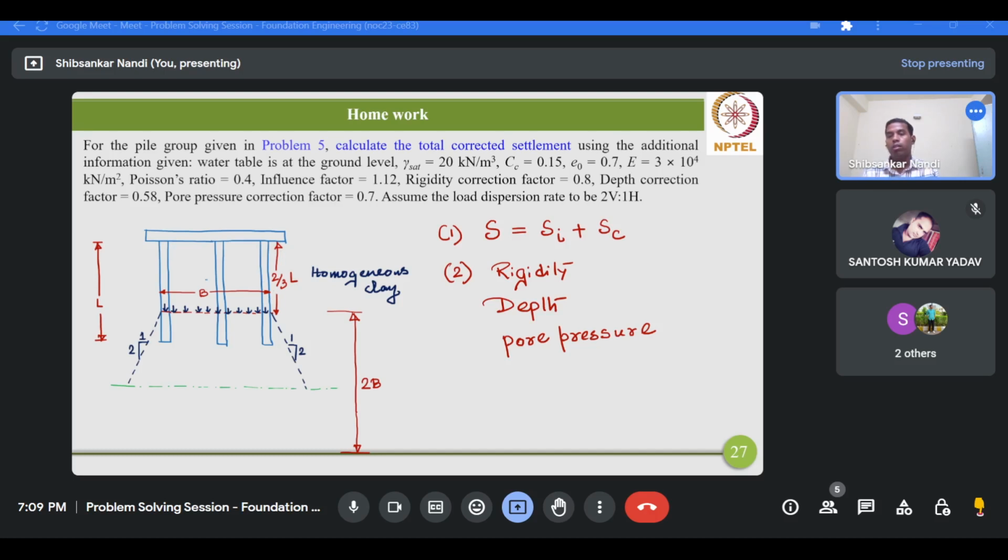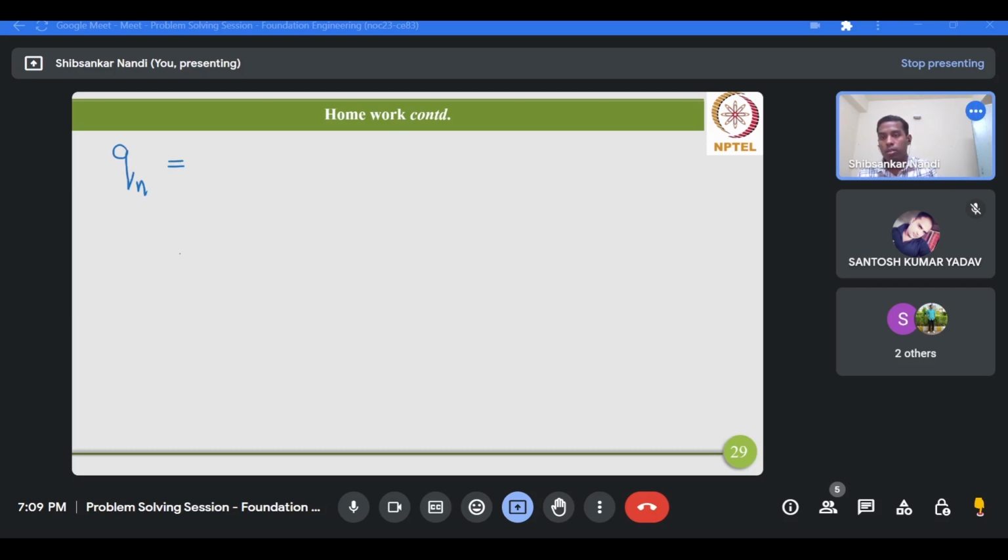If this is not the case, suppose this is not homogeneous clay but a layered strata, where the upper layer is a weak clay followed by a strong clay, then this scenario will not be valid. Suppose this is the weak layer and this is the strong layer, and this is the total pile length.